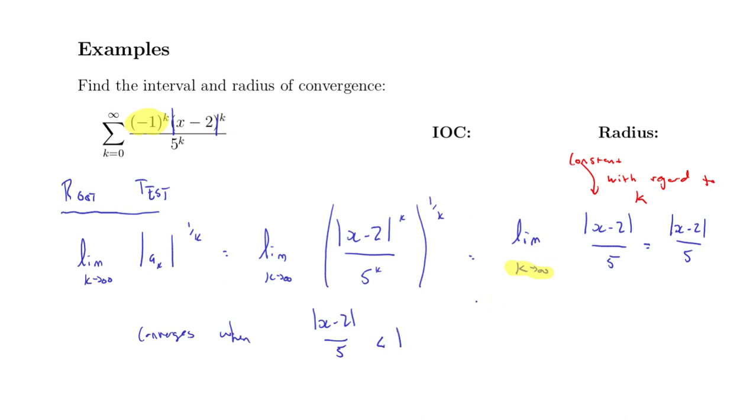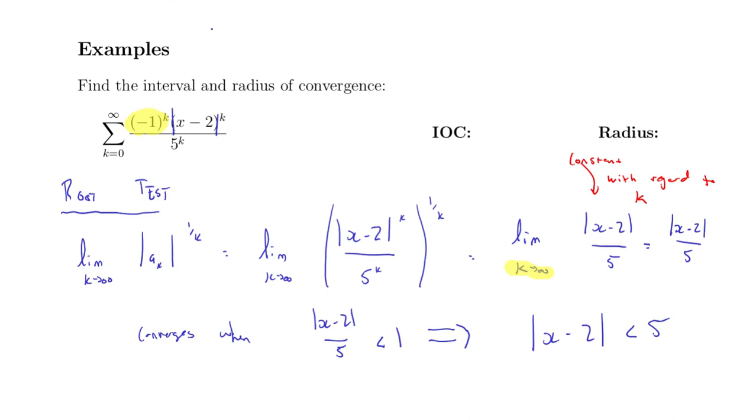Now you can do a whole bunch of stuff here to find what x values are going to solve this inequality. What I normally will do is just multiply both sides by 5, and I'll say the absolute value of x minus 2 has got to be less than 5. And then from here, you can either come up with an interval, or you can just visualize a number line.